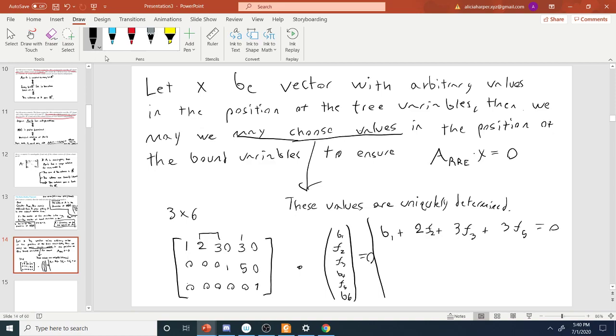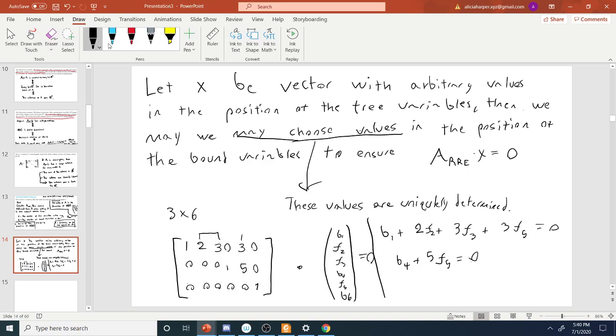So this determines B1 uniquely in terms of the free variables. It also tells us that B4 plus 5F5 is equal to 0.